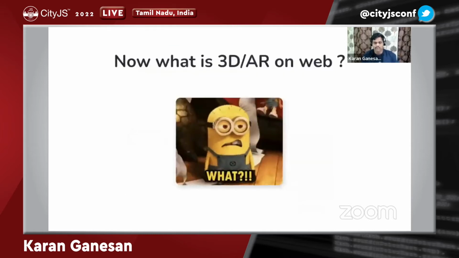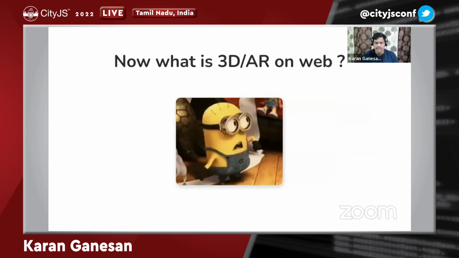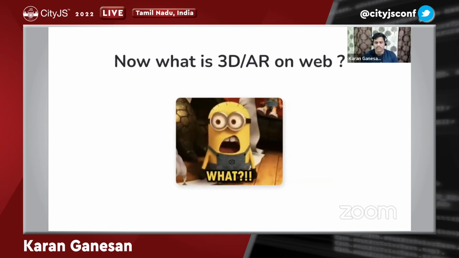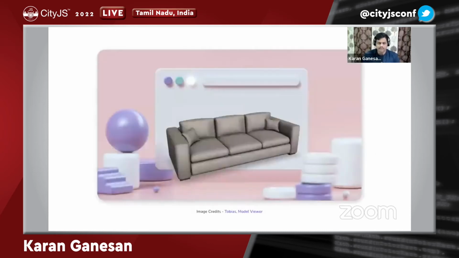Now, coming to what 3D and AR is for the web. You might be wondering why we have to do this, or what it even means. Basically, it means running 3D and AR on browsers like Chrome, Safari, Firefox, and so on. That's what we'll talk through today, and understand the things you can use to make this possible.